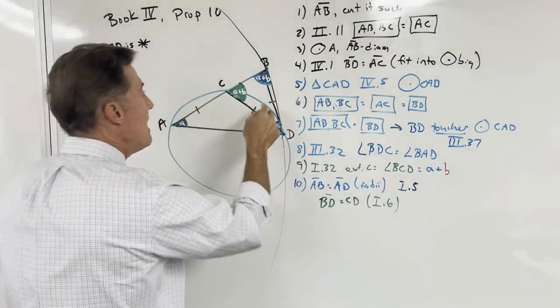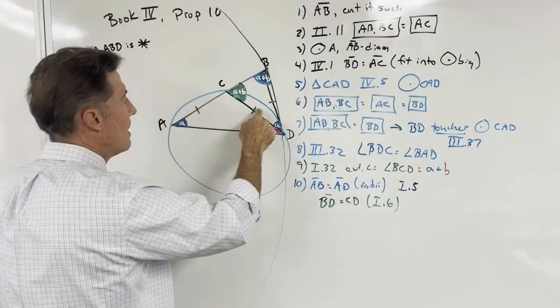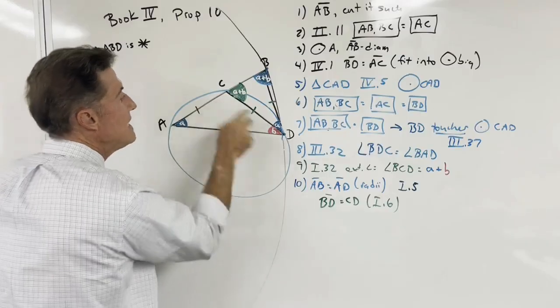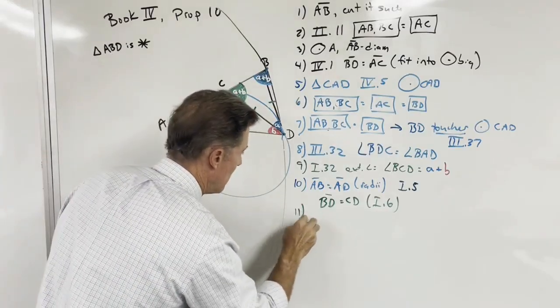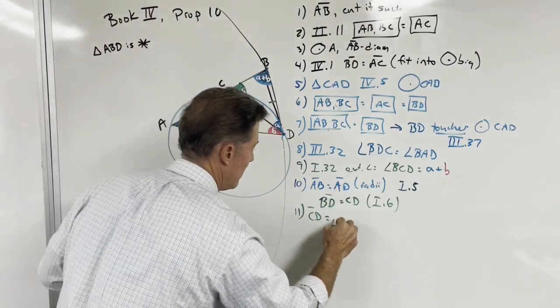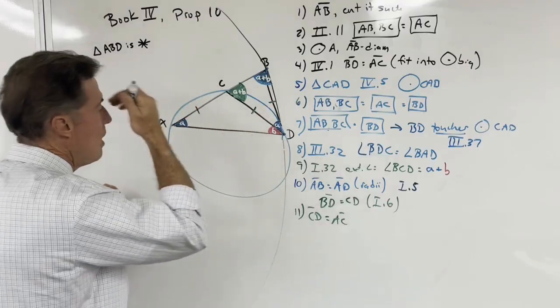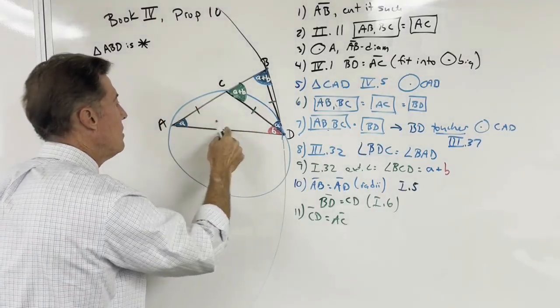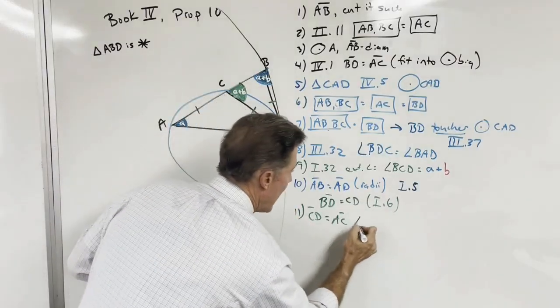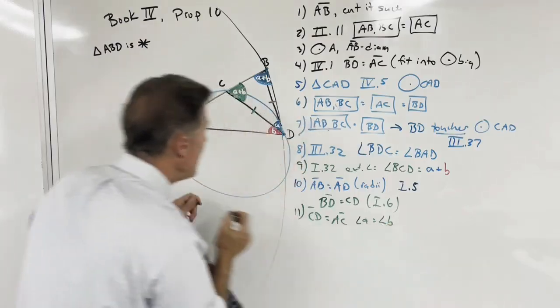Well, now wait, if this is equal to this, and this was already equal to this, therefore CD is equal to AC, which means in this small triangle, these base angles are equal. Therefore, A equals B. Angle A is equal to angle B.